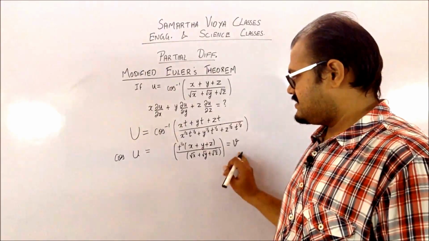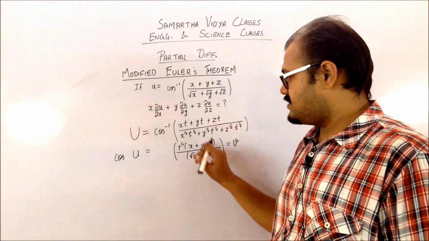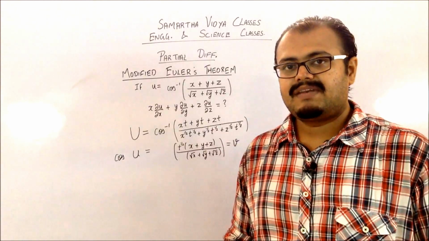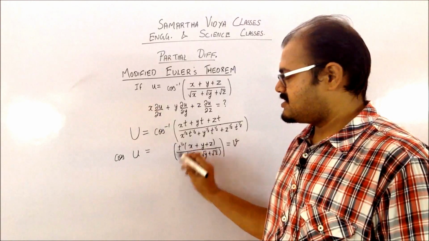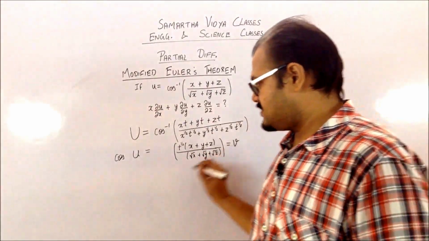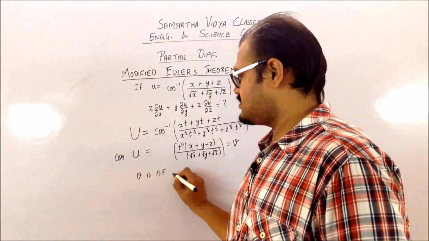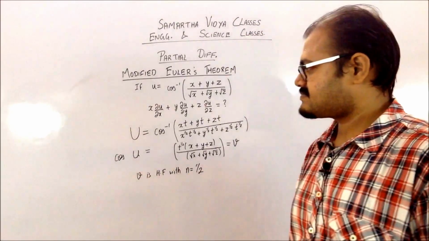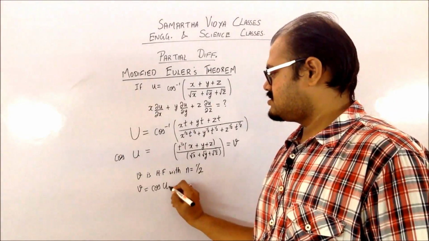So my v is equal to cos u, which is equal to this particular function, that is x plus y plus z upon root of x plus root of y plus root of z, and it is a homogeneous function with degree 1 by 2. So from this you can see that v is a homogeneous function with n equal to half, and also v is equal to cos u.